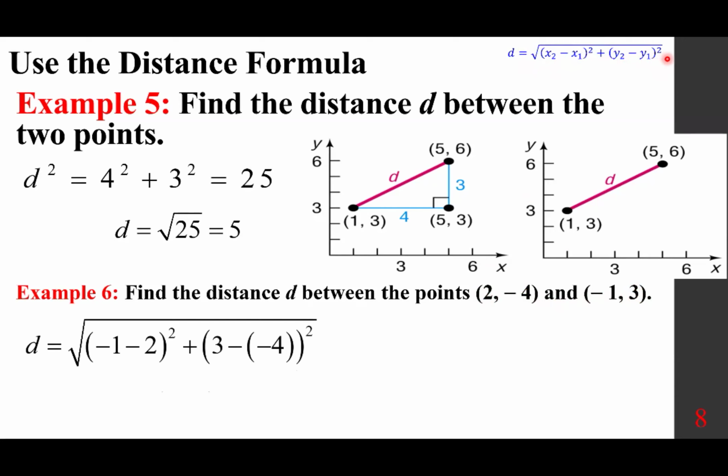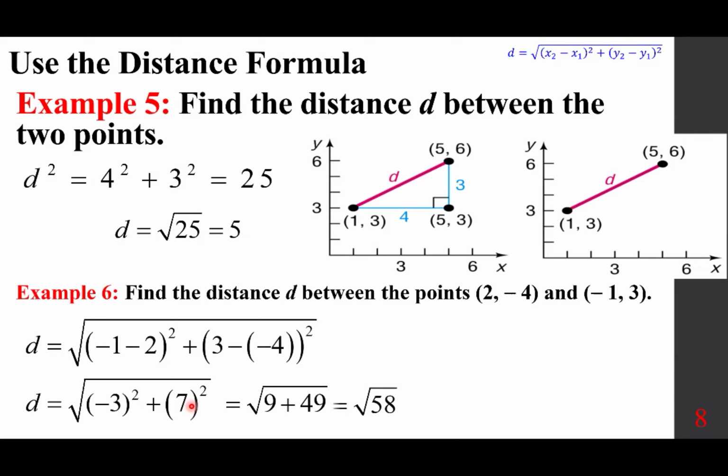Negative 1 minus 2 is negative 3. And 3 minus negative 4, 3 plus 4 is 7. Again, it doesn't matter negative or positive because you're going to square this and get 9. You're going to square this and get 49. They add up to 58. This is the precise answer, the exact answer, everybody. If you put it into a calculator with a bunch of decimals, 7.62 is an approximation.